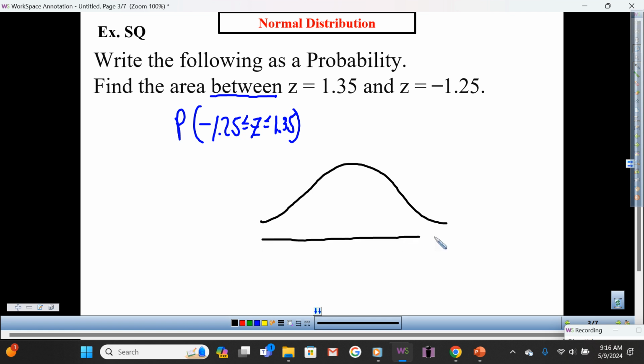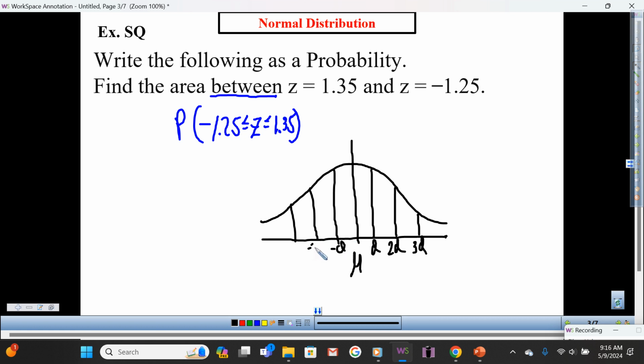Get your curve, mu, 1 standard, 2 standard, 3 standard. All right. Dylan, pass someone so they can help me set the Z's. All right, and I'll pass it back to Dylan.